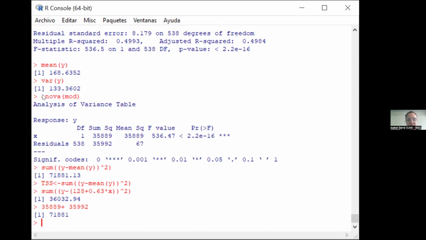If you use ANOVA, this function of R, you can see the contribution to the response that you obtain when you use the information X, and the residual is the part of the variability of the response that you cannot explain with this information X. In this case, it is close to 50%.